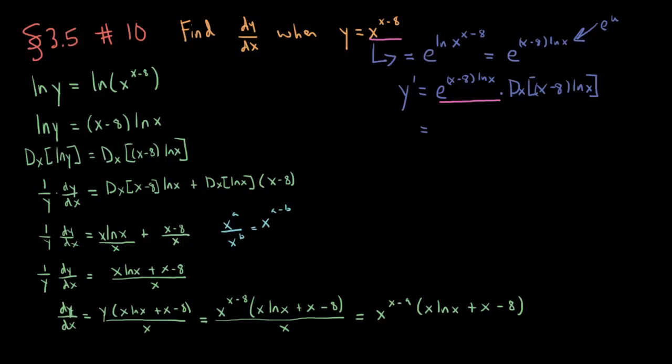So what I can do is say that portion right there is equal to this, so it's x to the x minus 8 power. Now, that derivative right here is the exact same thing I found right here.